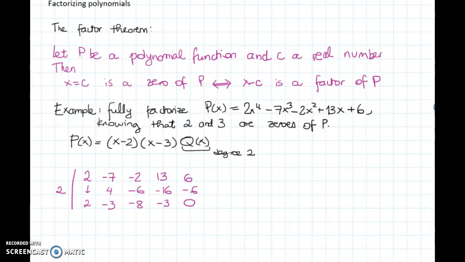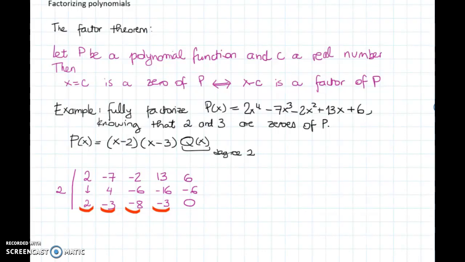But even more important, we got here these numbers 2, -3, -8, -3, that are the coefficients of the polynomial we obtain as a quotient if we divide p of x by the linear factor x minus 2.